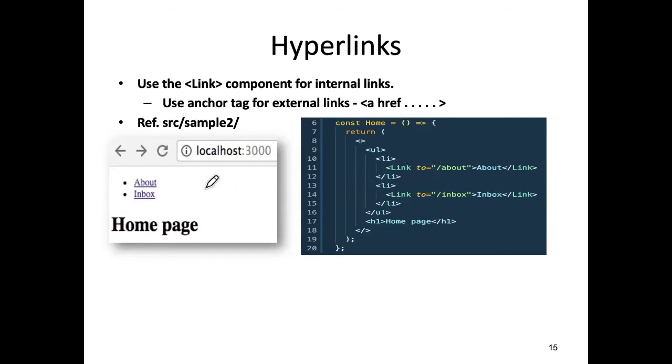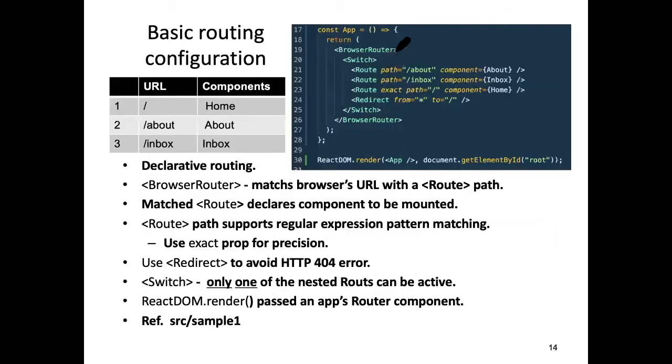Again, what's going to happen behind the scenes is when the user clicks on one of these hyperlinks, one of these entries is going to change the browser's URL to a new value. That event will be picked up by the React Router. It will consult its routing configuration, and by that I mean it will look at this kind of stuff to decide which component should be mounted onto the DOM, and also which one should be unmounted.